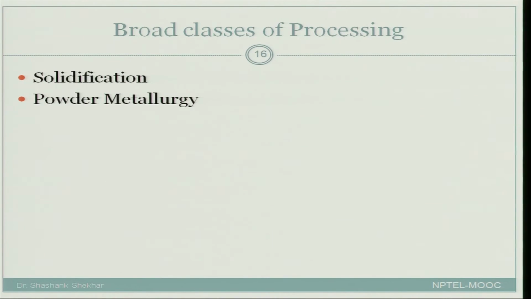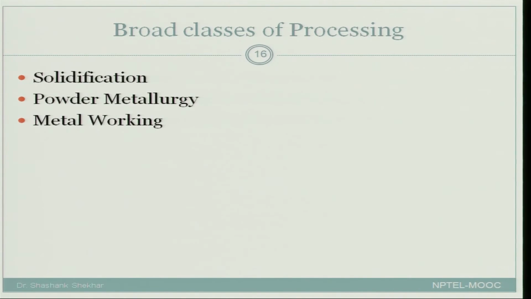Then we have powder metallurgy, or powder processing rather, because it involves not only metals but ceramics and polymers, and maybe even a combination of these if you want to create something like inserts in a tool. Another broad class of processing is metalworking. So we saw examples like rolling, forging, extrusion, and apart from that there are several more metalworking processes which come under this category.